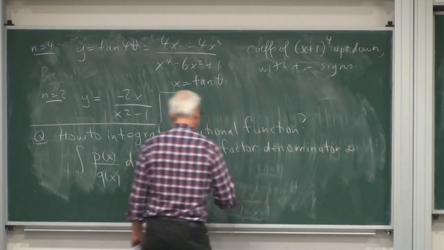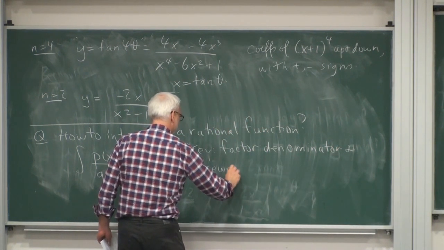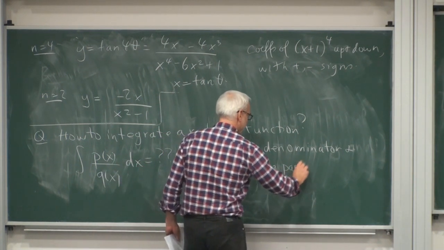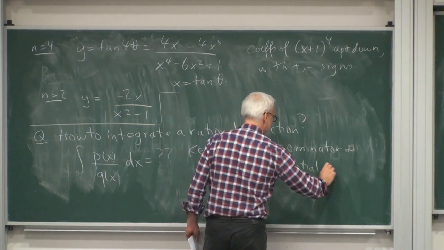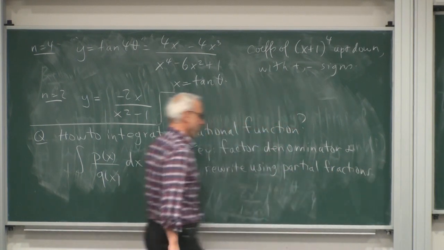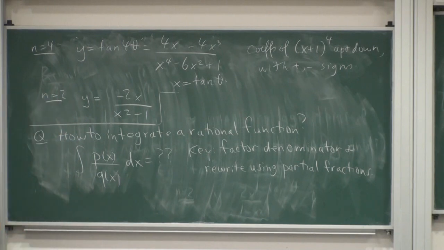and then rewrite using partial fractions. So that's still a popular technique that students learn in calculus courses these days. So the key point is that you've got to try to be able to factor a polynomial in order to integrate it.